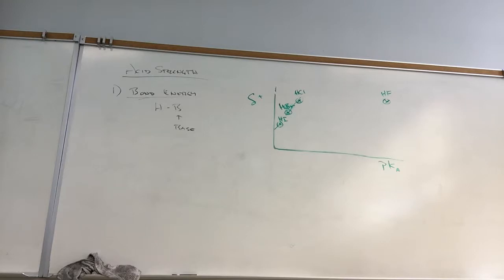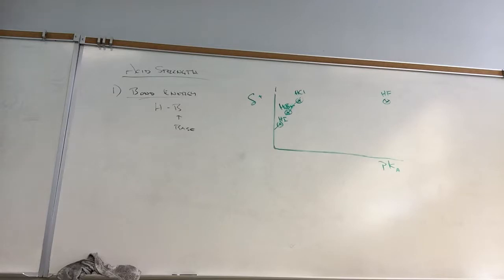Your graph? So we see it as the delta plus gets smaller and smaller, the acid gets weaker and weaker, and it's a pretty good correlation here.